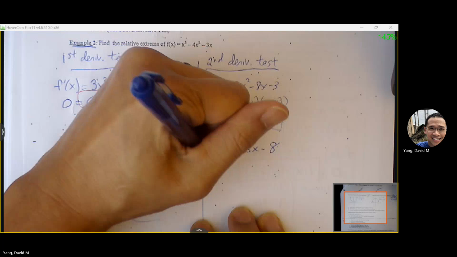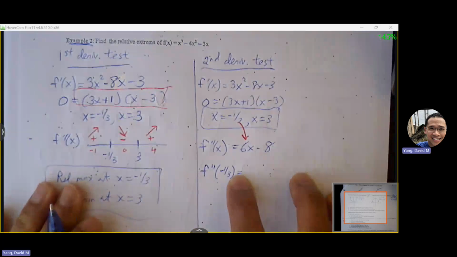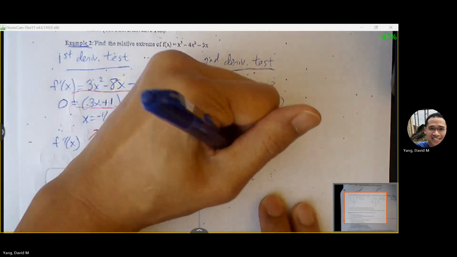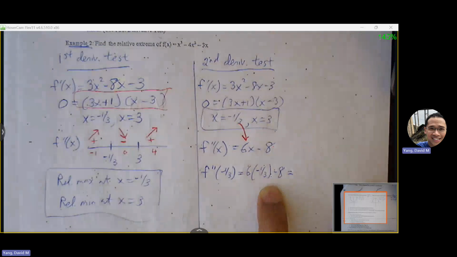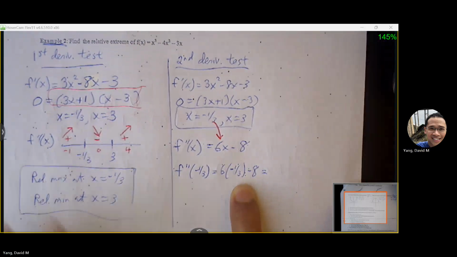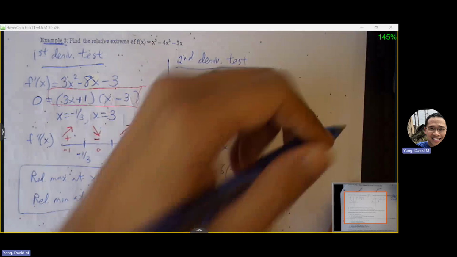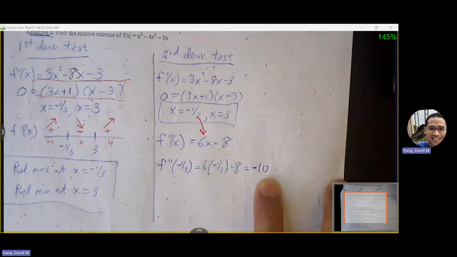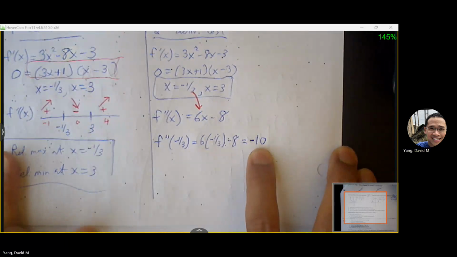F double prime of negative 1/3. So 6 times negative 1/3. Okay, what does that give us? Negative 10. Now this number is a little bit abstract, but what we really care about is the fact that it's negative.